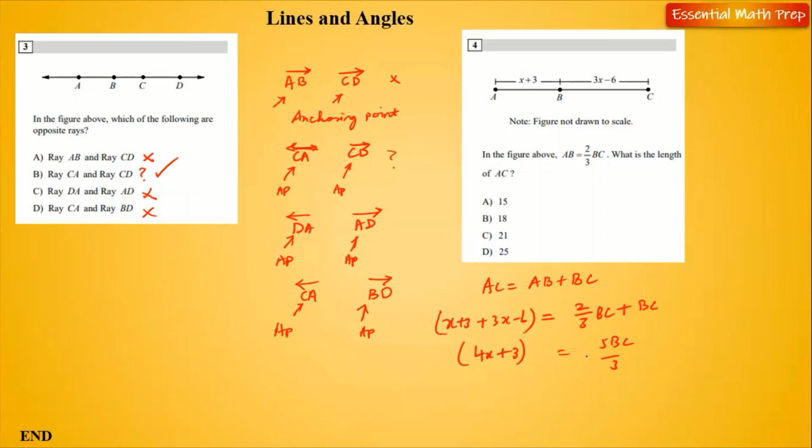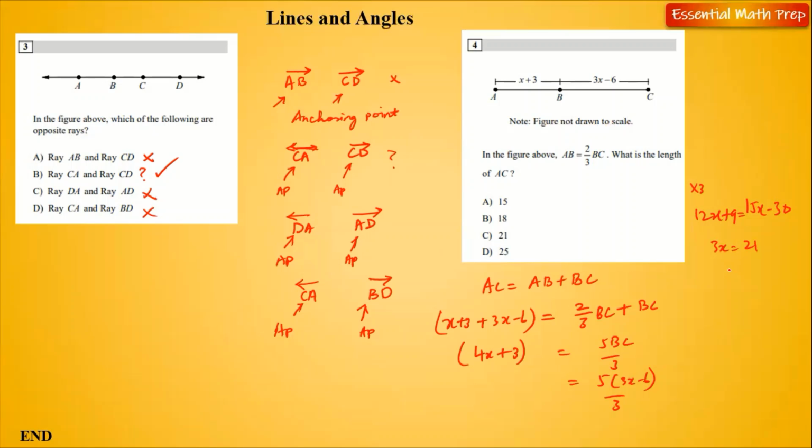I just simplified this further. Let's substitute BC as 3x minus 6 over 3. If I multiply by 3 on both sides, that'll be 12x plus 9 equals 15x minus 30, so that will be 3x equals 21, right?